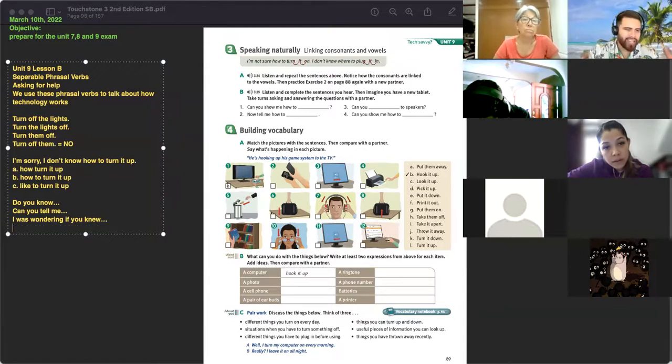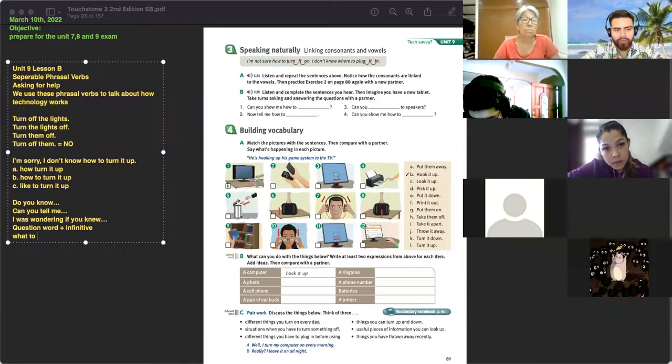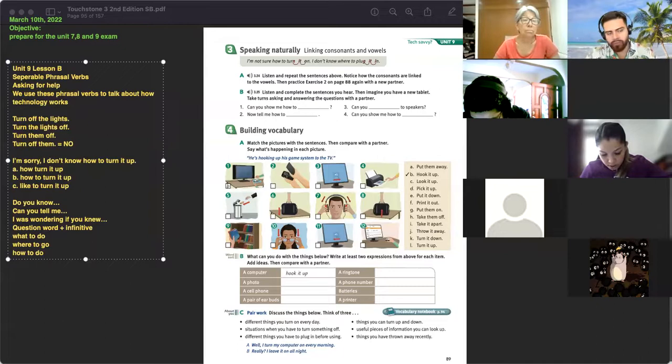After these types of expressions, when you want to ask somebody for help, we're going to use the question word and then an infinitive. For example, what to do, where to go, how to do.